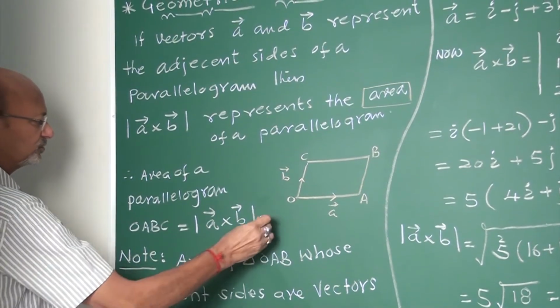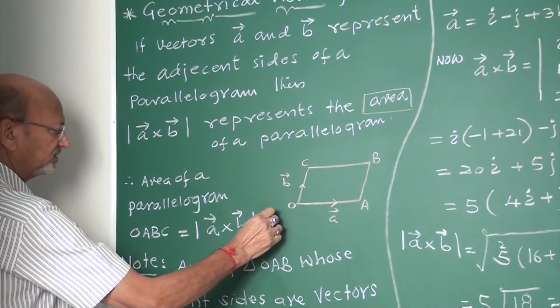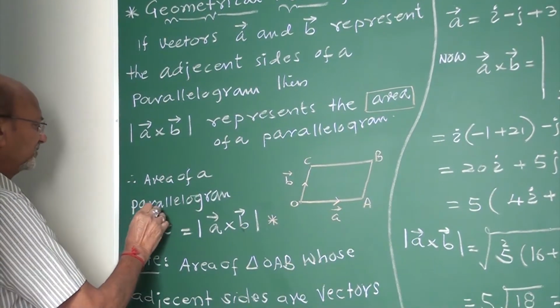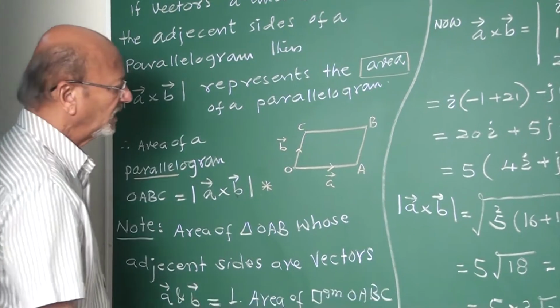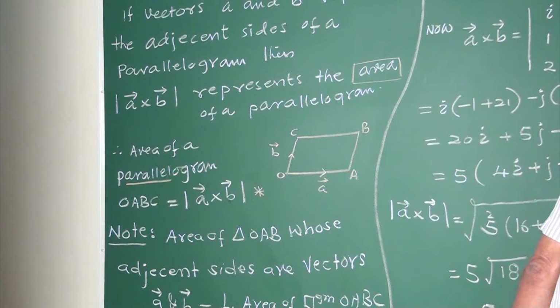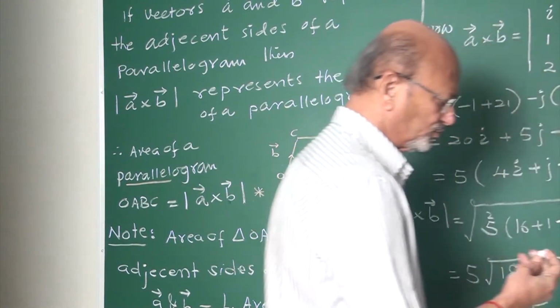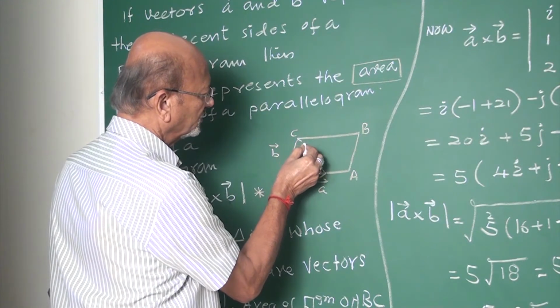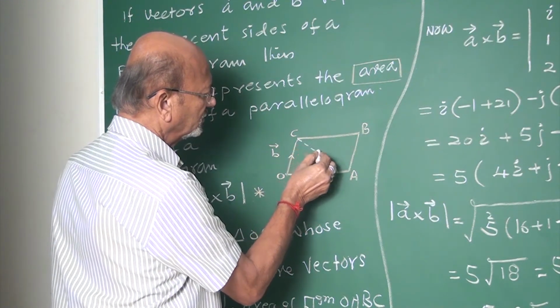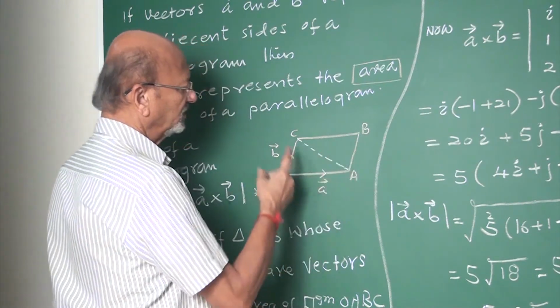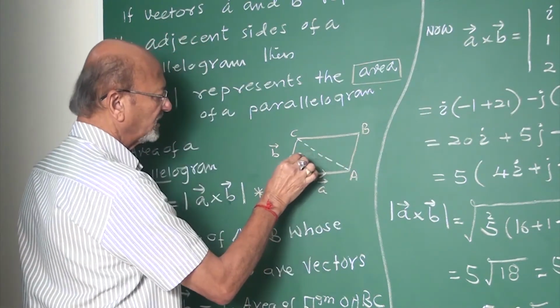My friends, this is the formula. This is the parallelogram. If you join the diagonal AC, then it becomes a triangle.